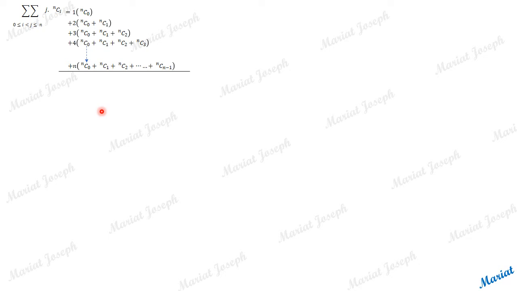Let's find it. Here I am adding these vertically. NC0 into 1 plus NC0 into 2 plus NC0 into 3 plus etc. Taking NC0 common, we have 1 plus 2 plus 3 plus etc. till n. Now, next is NC1 twice, NC1 3 times, NC1 4 times, etc. we are adding up.